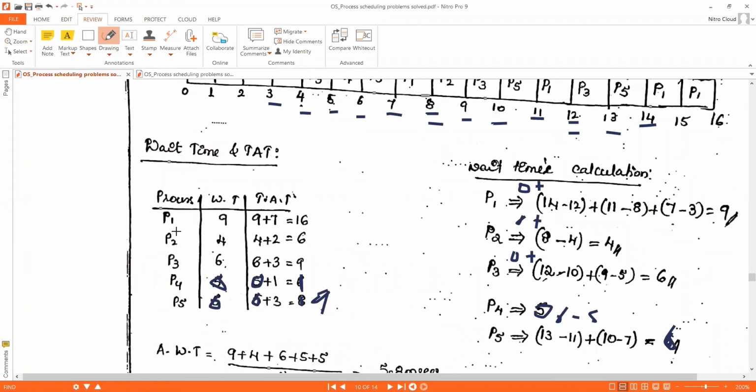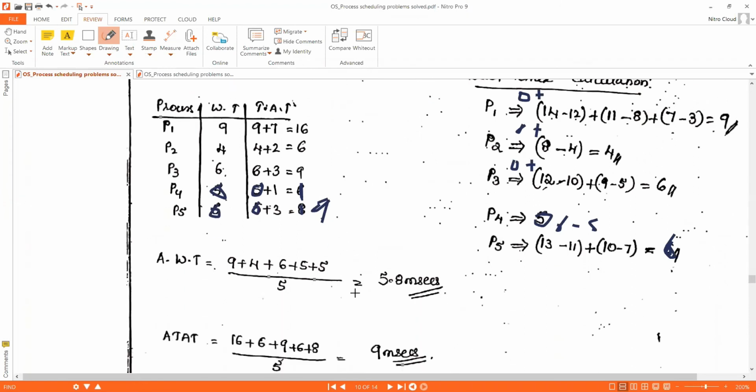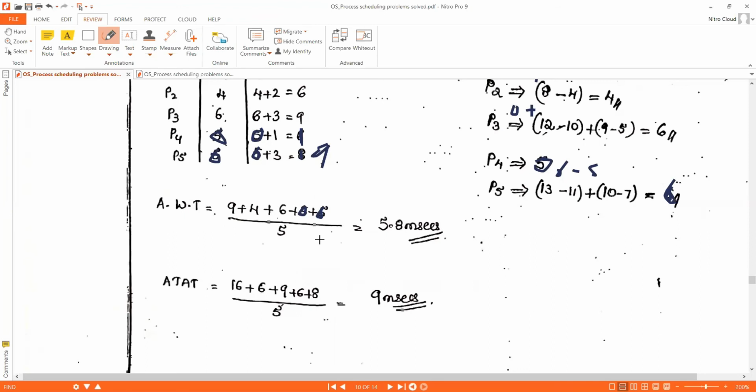If we know the waiting time and the turnaround time, we know how to find the averages. Average waiting time is the sum of all the processes' waiting times divided by the total number of processes. That is 9 plus 4 plus 6 plus 0 plus 6 divided by 5. Please calculate it and see what we get.